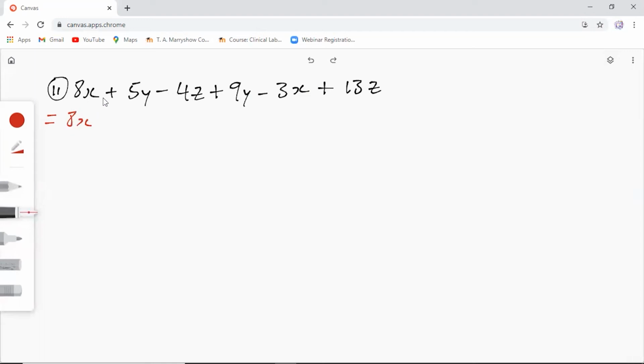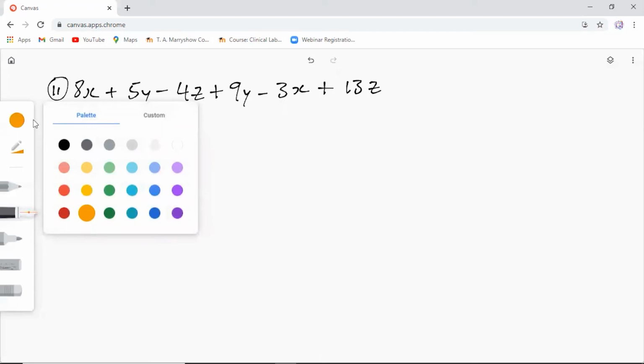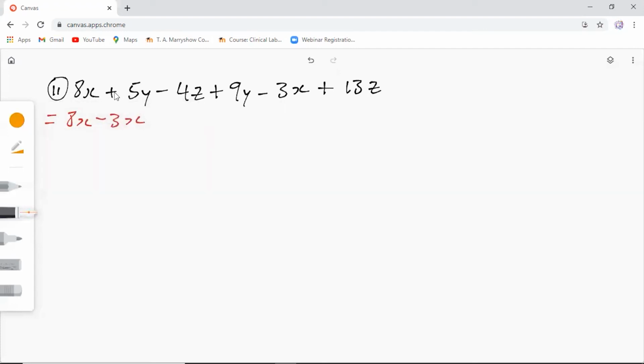So we have 8x, not 8x plus 3x, but 8x minus 3x. Okay. And then do we have another x? No, we don't have another x. Okay, so let's move to the y. We have plus 5y plus 9y.